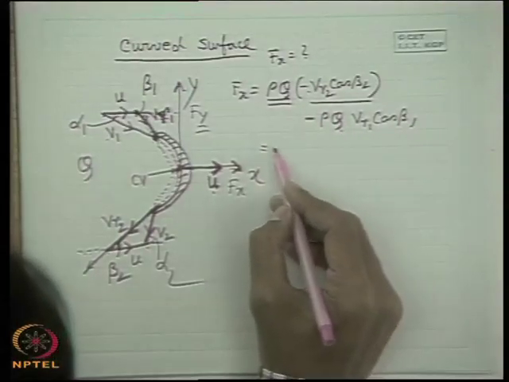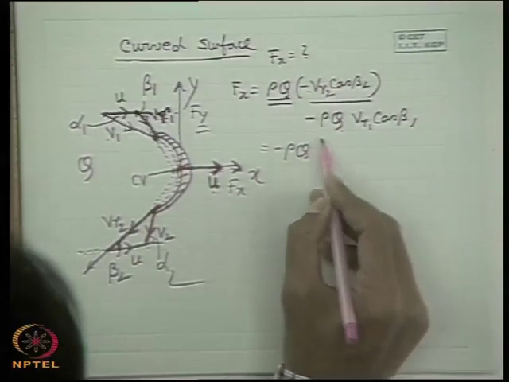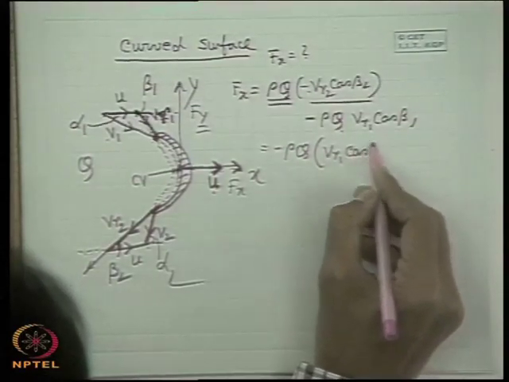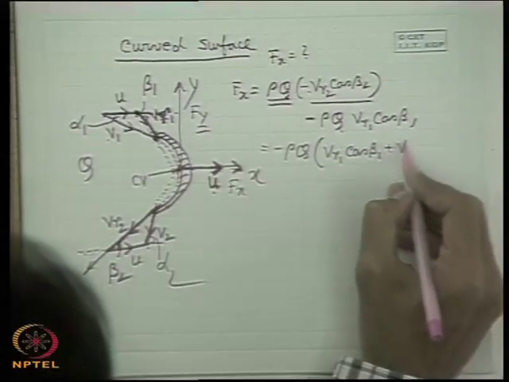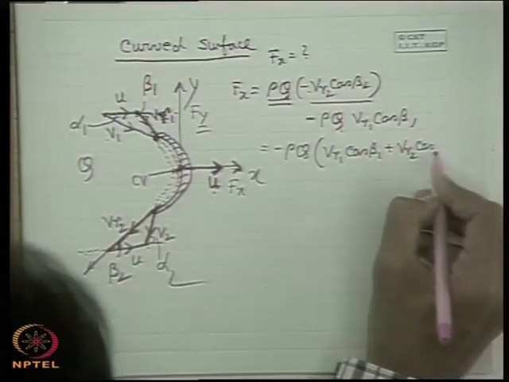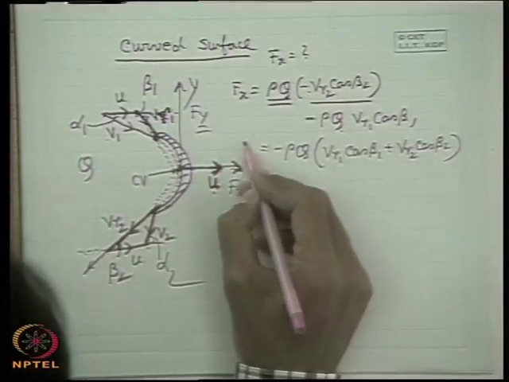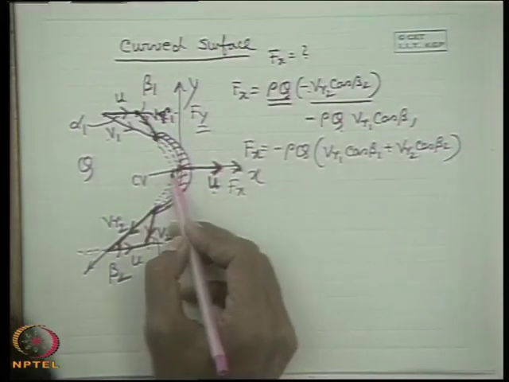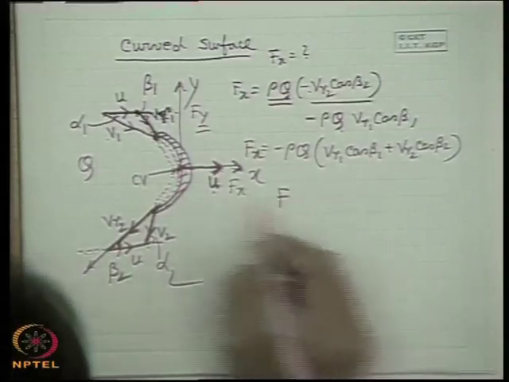So this becomes simply minus rho Q into Vr1 cos beta 1 plus Vr2 cos beta 2. This is the force that is acting on the control volume by the bend, or by the plate.